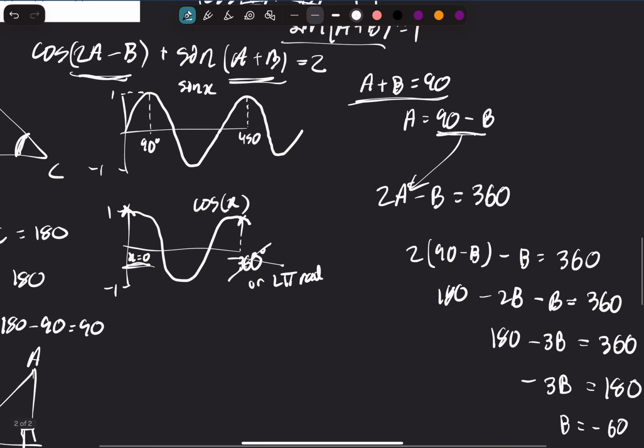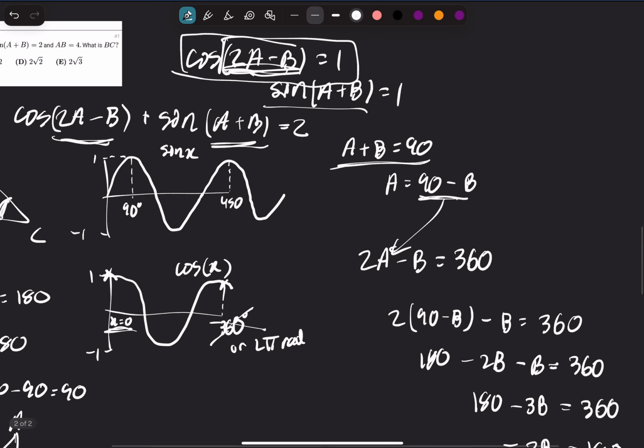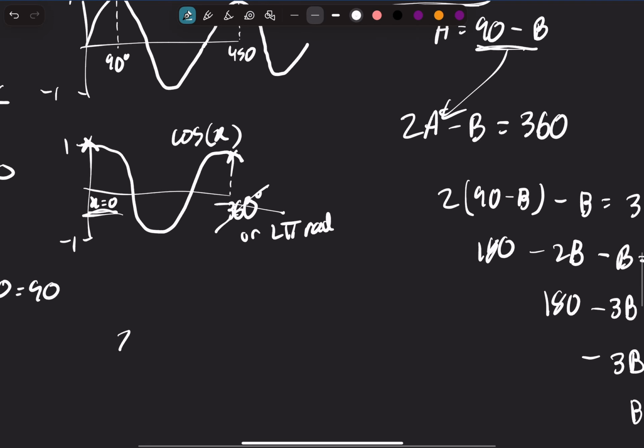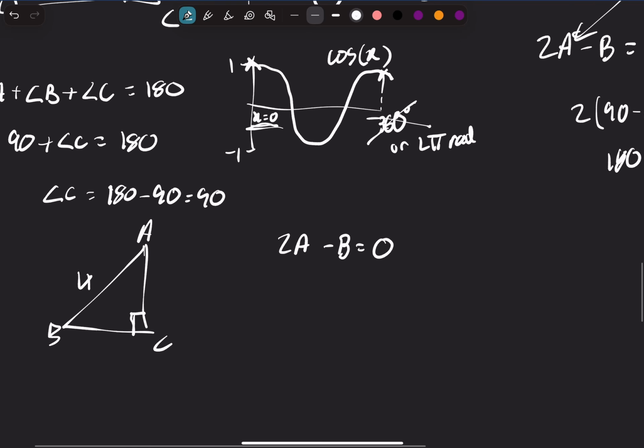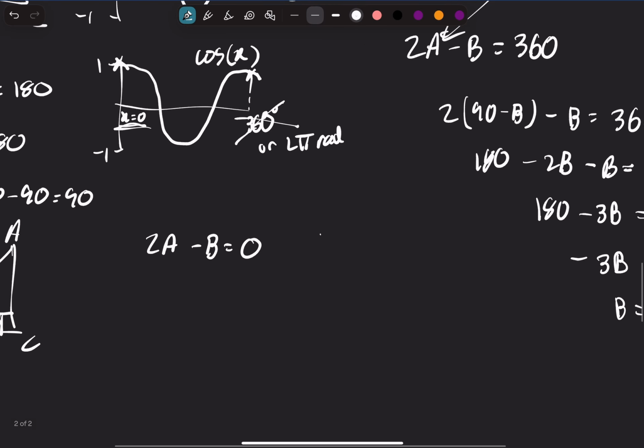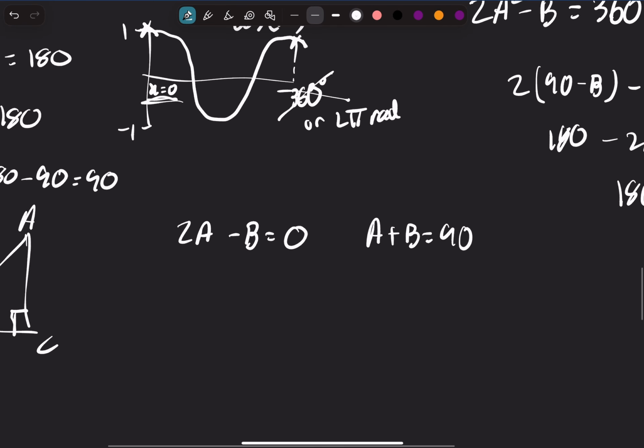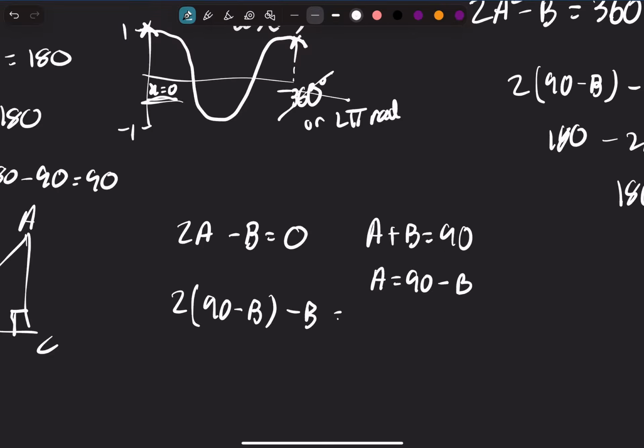So if that angle equals 1, then the angle here is 2a minus b, so we can say that 2a minus b equals 0. And since we know that a plus b equals 90, we can do the same thing and say a equals 90 minus b. Then 2 times 90 minus b equals 0.